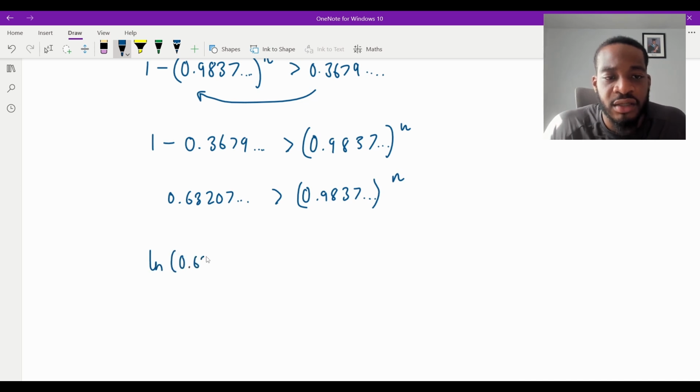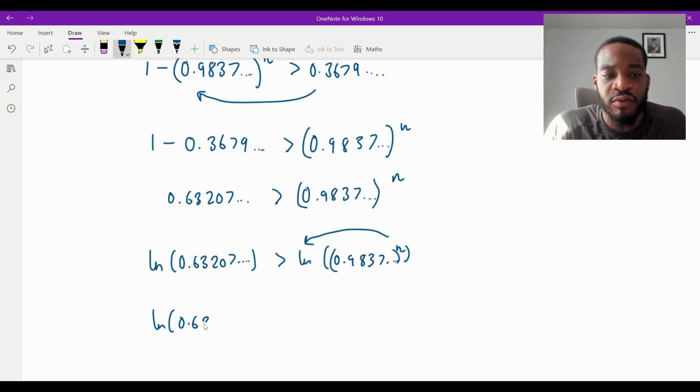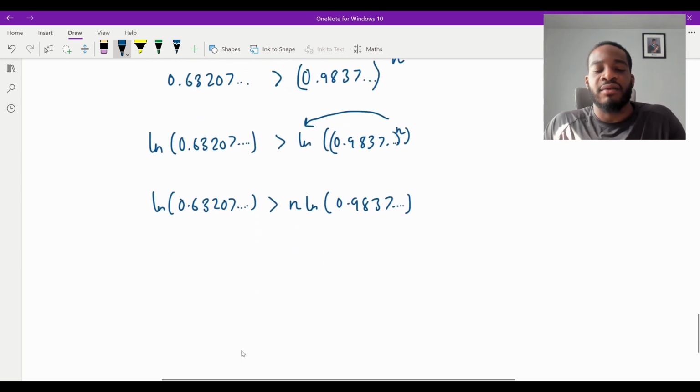I'm going to have 0.63207... greater than the ln of 0.9837... Now the reason why we're taking logs is because from our power rule, this power of n can drop to the front, isn't it? So it becomes the ln of 0.63207..., which has to be greater than n ln of 0.9837... And then that way we can divide it.